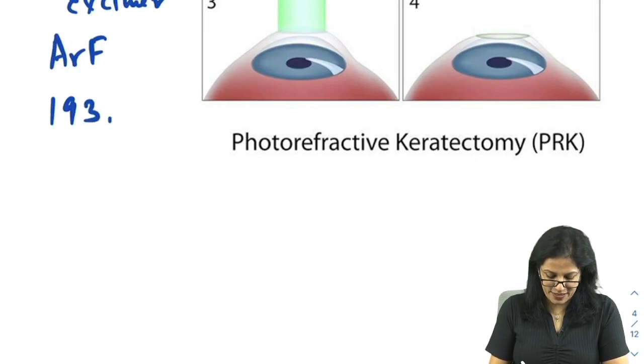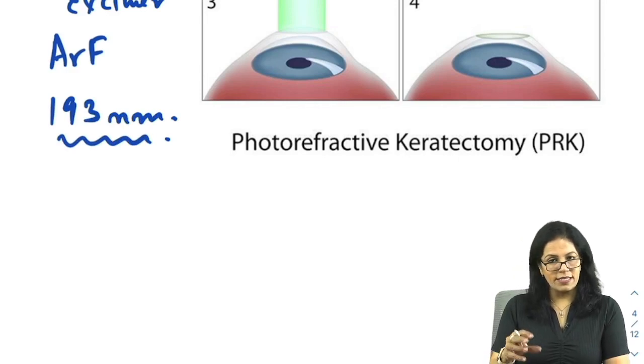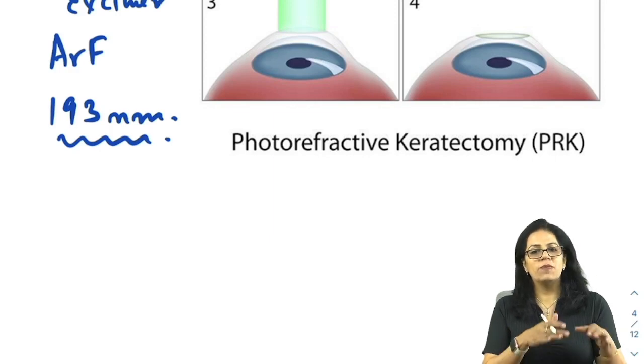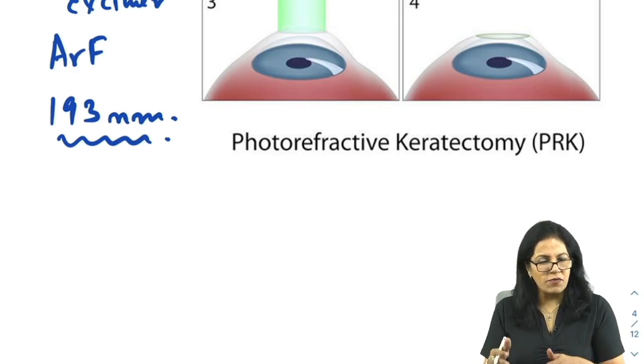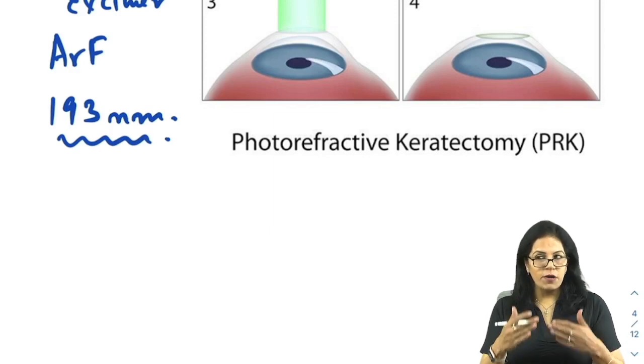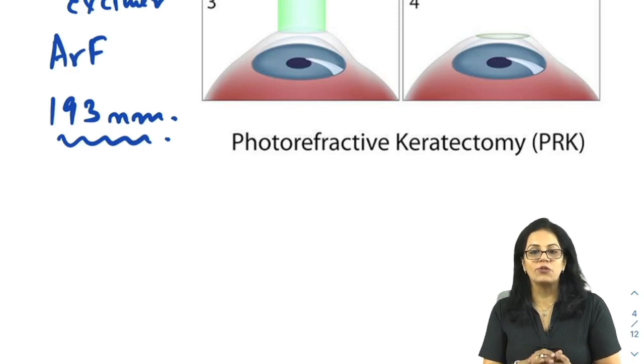It has been asked in your exam. The wavelength is 193 nm. Once you put the laser, alter the curvature, and then you bandage the eye, and later the epithelium will grow. Because we are removing the epithelium, it can be a little painful, and rehab time is longer. But what is very important and a major difference here is that we are dealing with the superficial stroma.